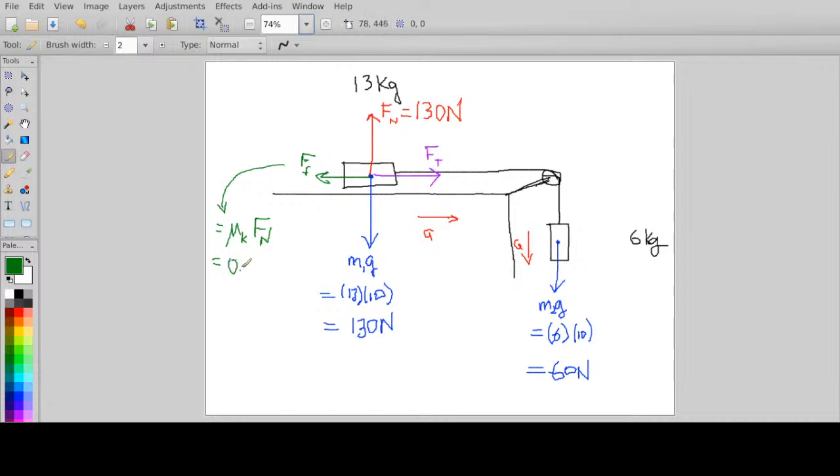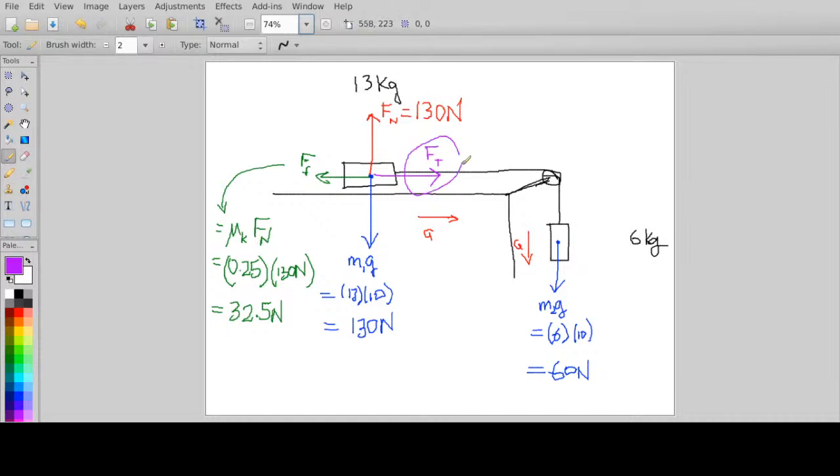Okay, so it's 0.25, multiplied by the normal force, which is 130 newtons. And that's going to equal 32.5. So over here, this is equal to 32.5 newtons. Great, we've got 3 of them.